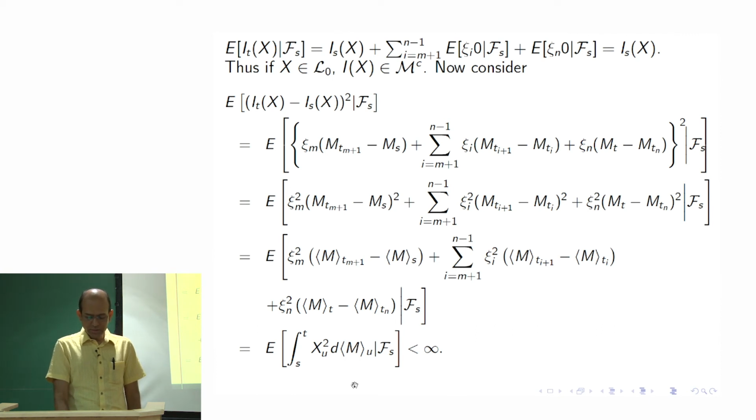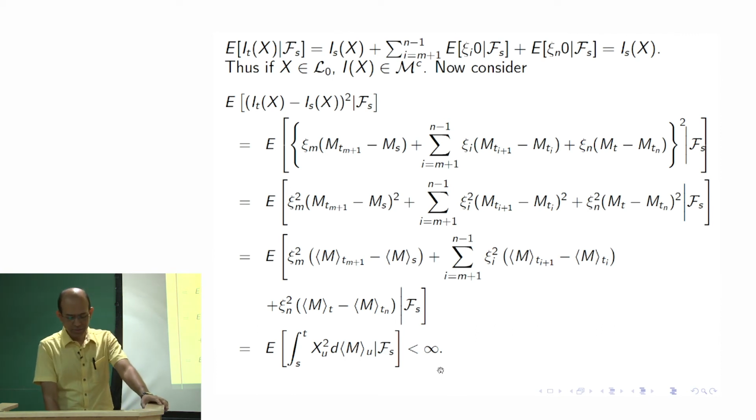However, this term is finite from our assumptions, because it is just the box norm. We have considered x to be in L0, so it is assumed that this is finite. So at the end, we have achieved that the expectation of the square is finite.